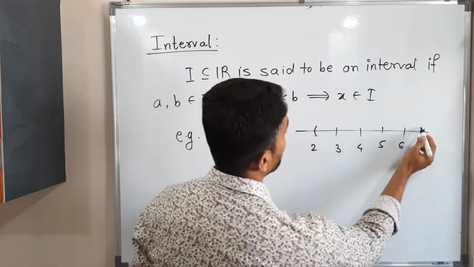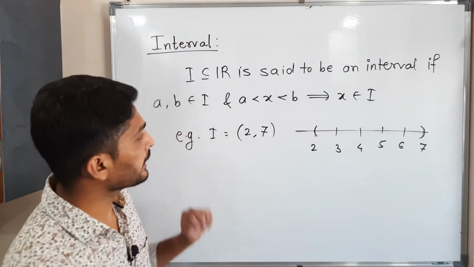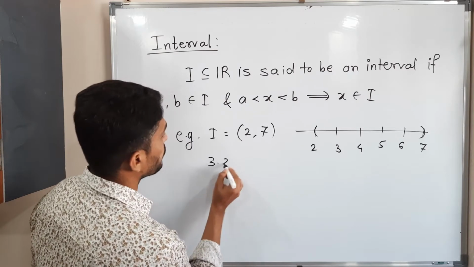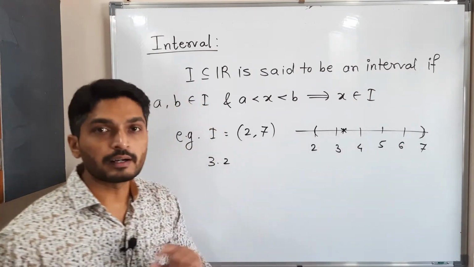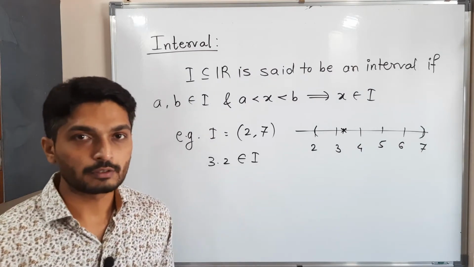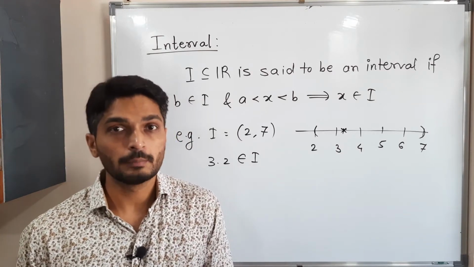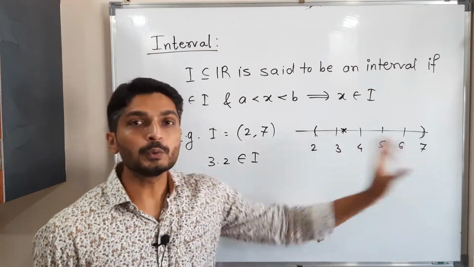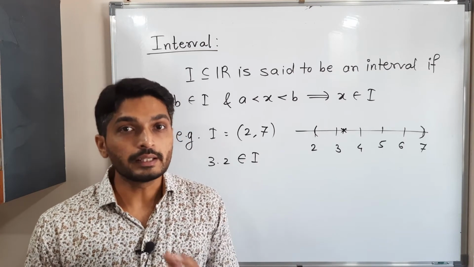So this is an open interval. If you select any point, say 3.2, between 2 and 7, 100% that point is again a member of I. 3.2, 5.6, whatever number you take, as long as it is between 2 and 7, it is again a member of the same set. Then we can call it an interval.